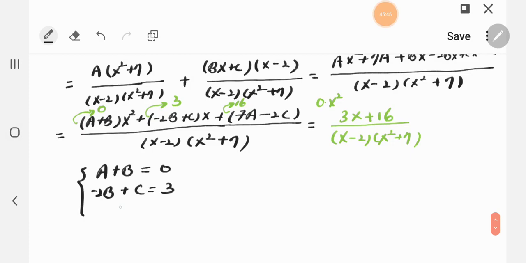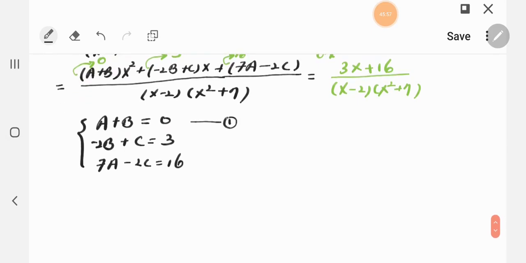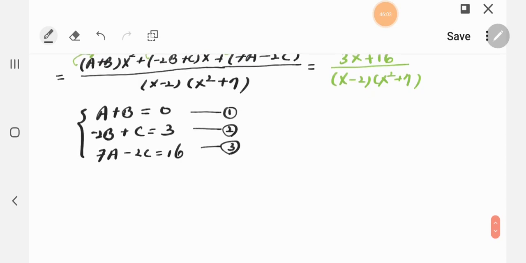And 7a minus 2c is equal to 16. Let's find the values of a, b, c. Look at this, we have b c, a c, a b. So from this, why don't we eliminate c?